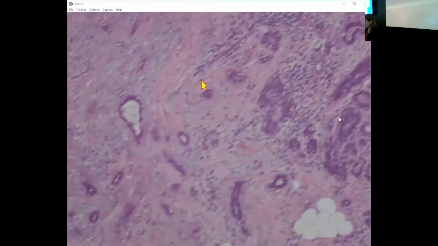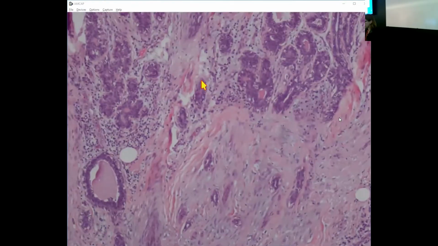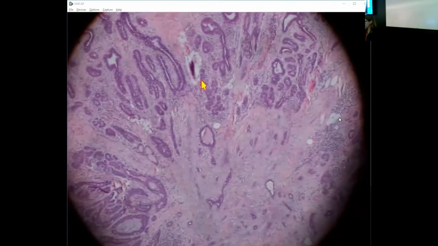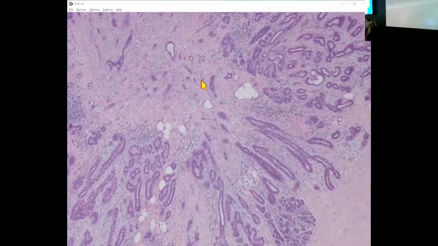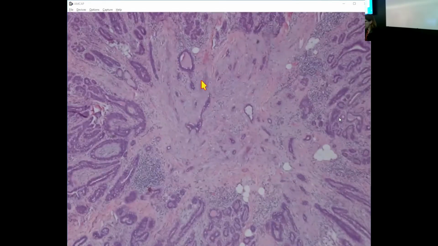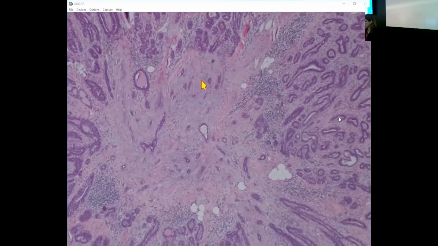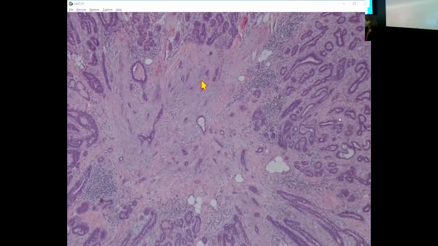So I would not even need to do myoepithelial cell markers, because the constellation of features is that of radial scar. It's not a diagnostic dilemma, really. It's just to show you the morphologic features in contrast to tubular carcinoma.